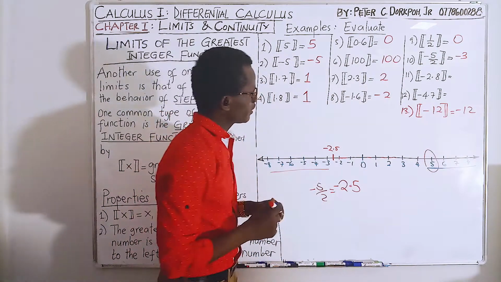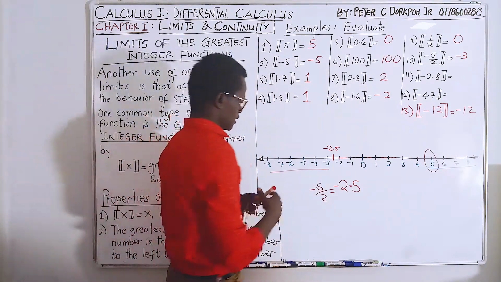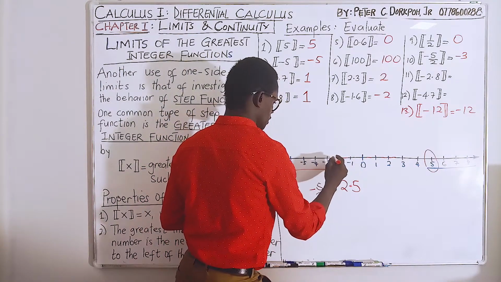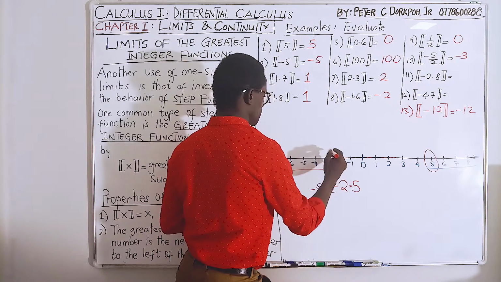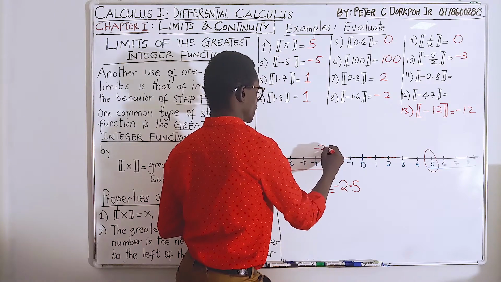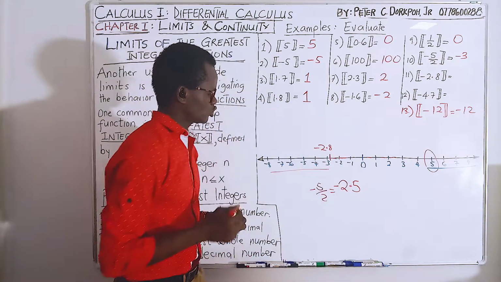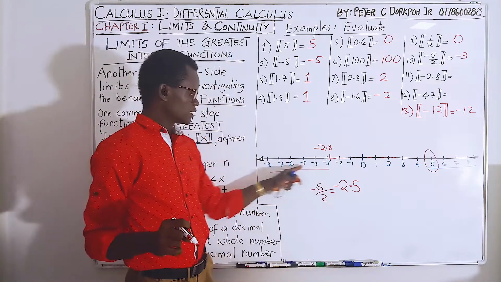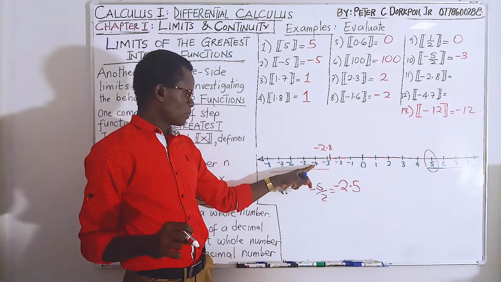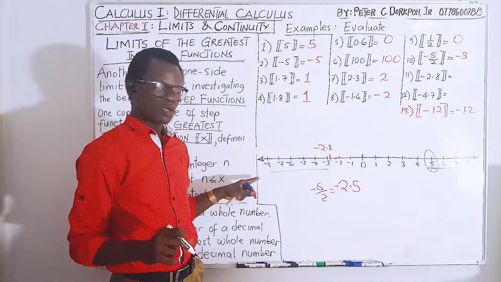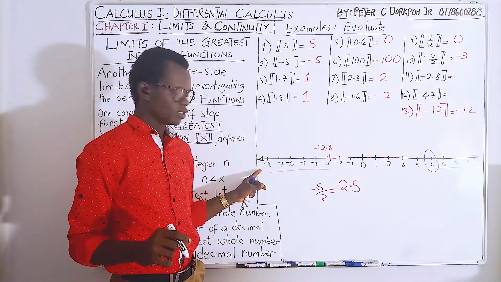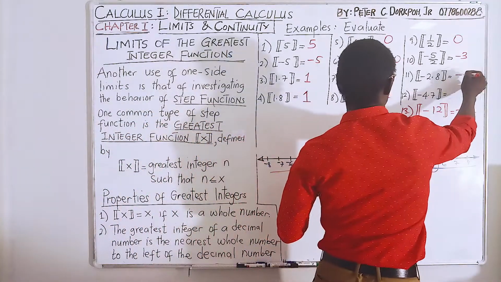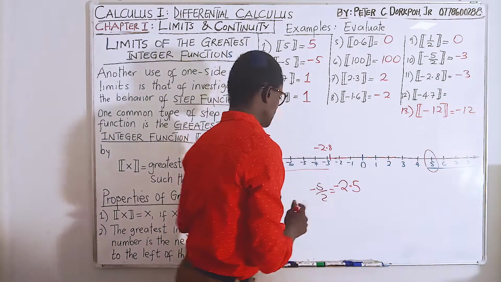What about minus 2.8? This is negative 2.8. So we say negative 2.8 is around here. So all of those integers now that are less than negative 2.8 are in this direction: minus 3, minus 4, minus 5, and so forth. So amongst all of them, the greatest one now is minus 3. Next, negative 4.7.